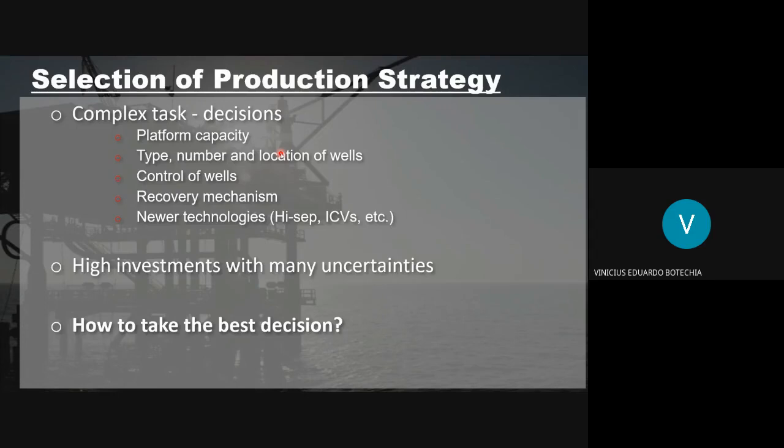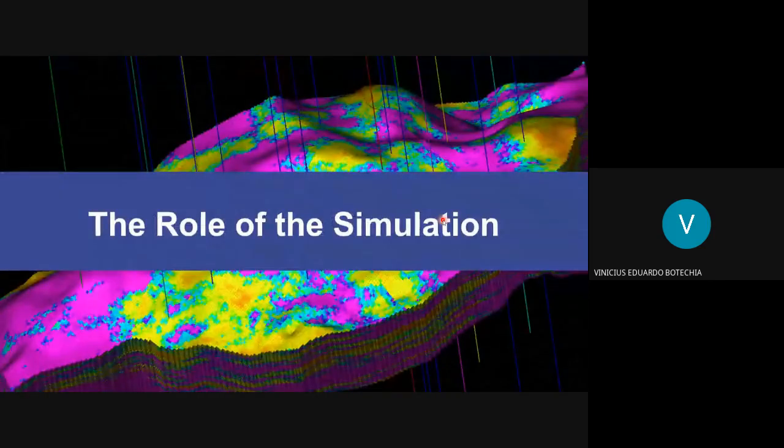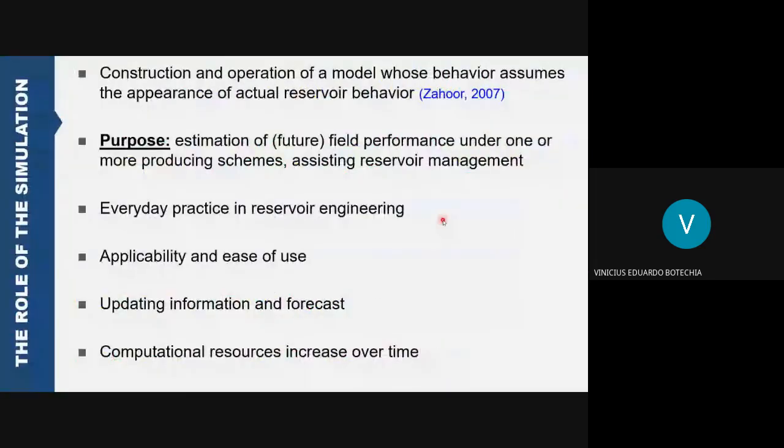You have to decide, for instance, the platform capacity, the type, number and location of the wells, how you control the wells, the recovery mechanism, and whether you are going to use newer technologies or not. For instance, HISEP, which is a Petrobras technology, the gas-liquid subsea separation. Whether we're going to use SUVs and so on, and how to take the best decision among these variables. So this is the role of the simulation, right?